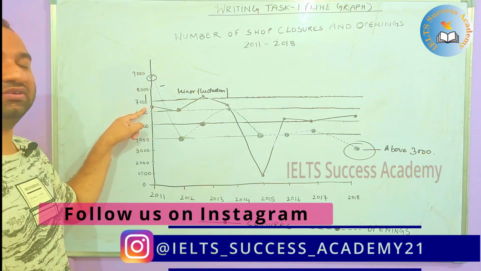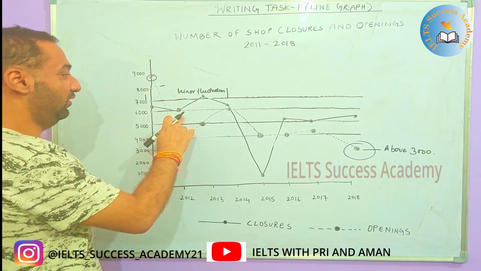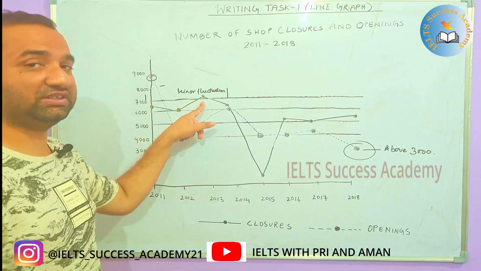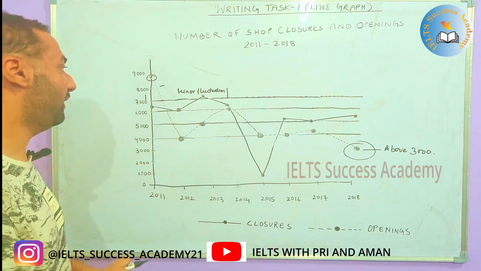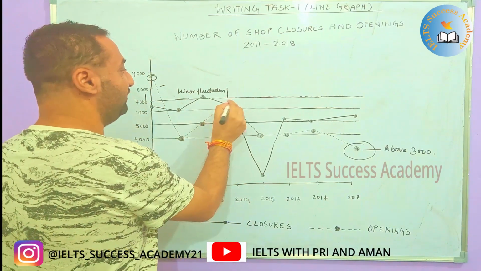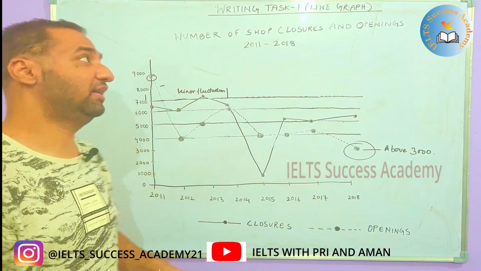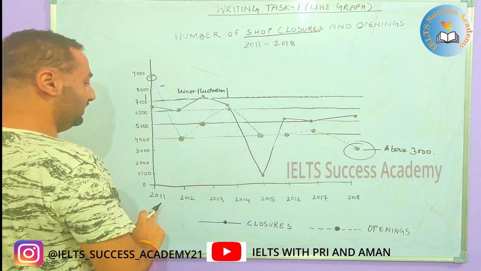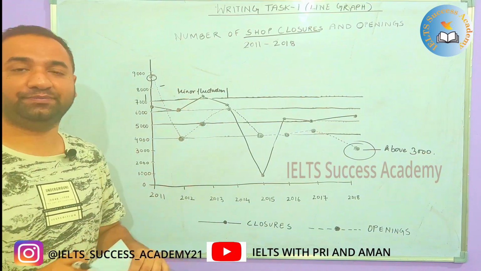Started just above 6,000, then went to 6,000, then went just above 7,000, and in the year 2014 went again to just above 6,000. So we basically see that the number of shop closures between the years 2011 to 2014 had minor fluctuation, as I have written.